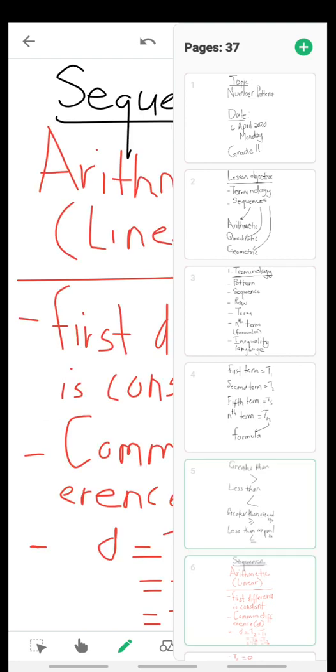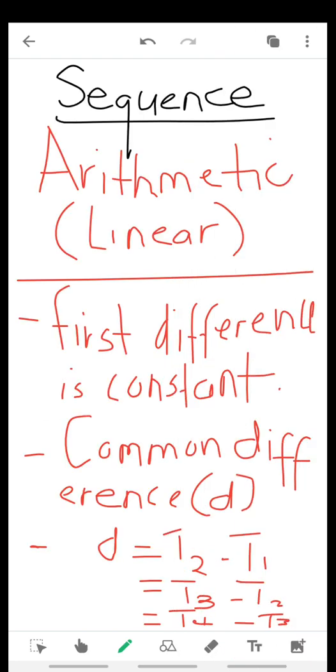Now the next thing is the second part of the lesson, sequences. We said we are only going to look at two sequences: your arithmetic sequence and your quadratic sequence. I'm starting with your arithmetic, or what we called a linear sequence in grade 8, 9, 10.